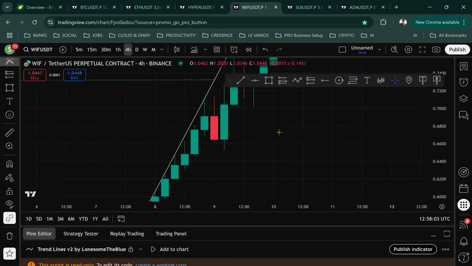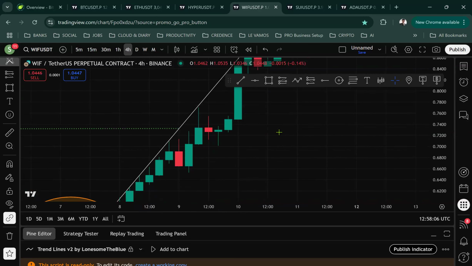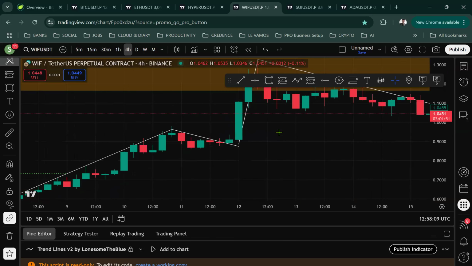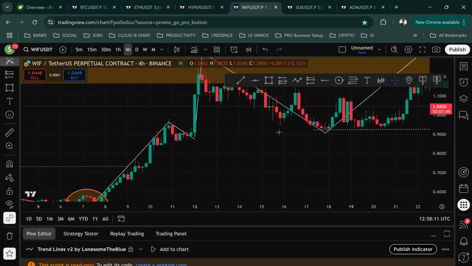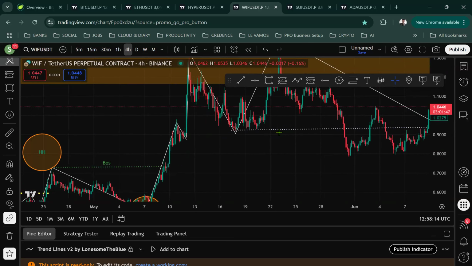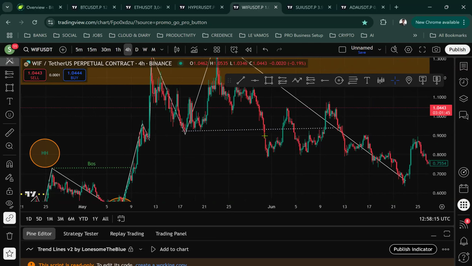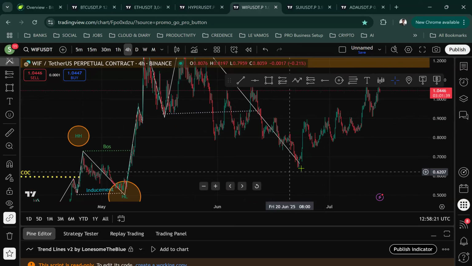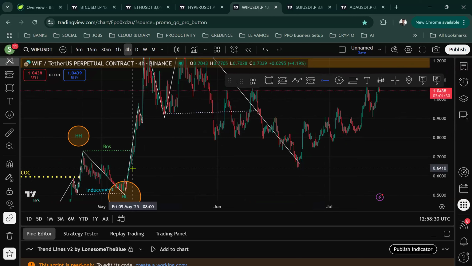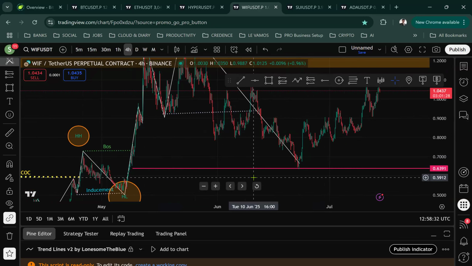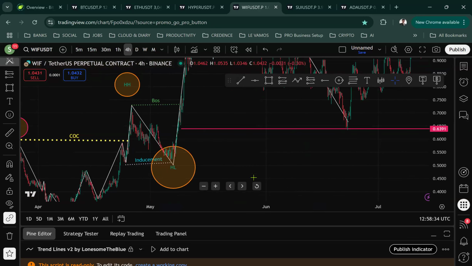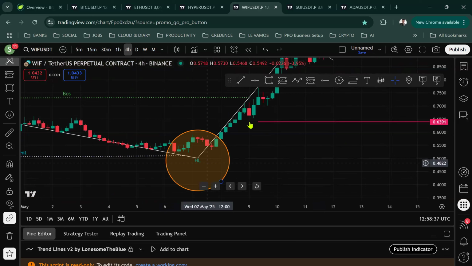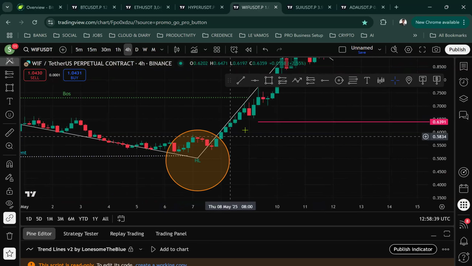Correct, exactly. So up to here it's mitigated, up to this point it is mitigated. So I can only consider the area from here to here. There is no fair value gap.